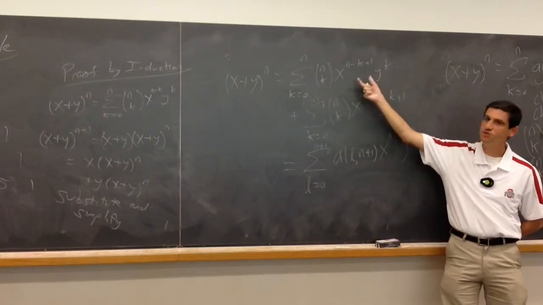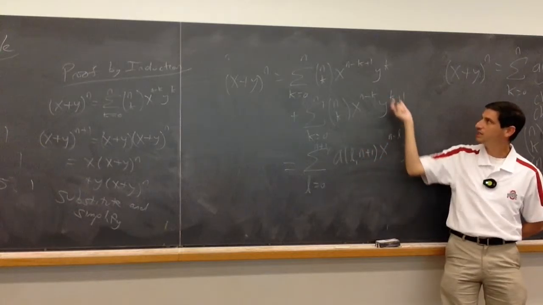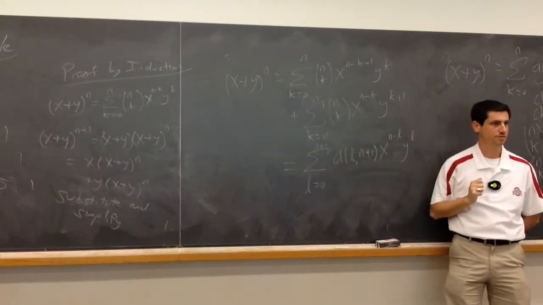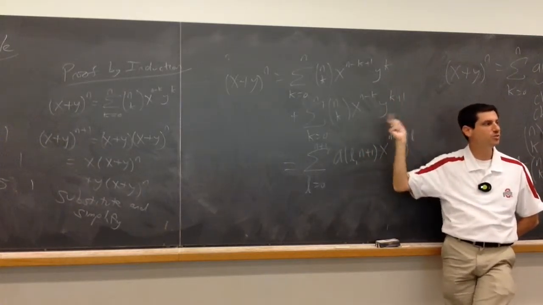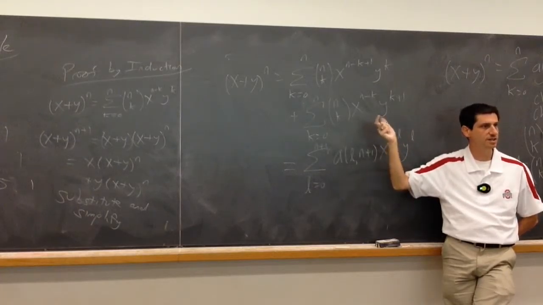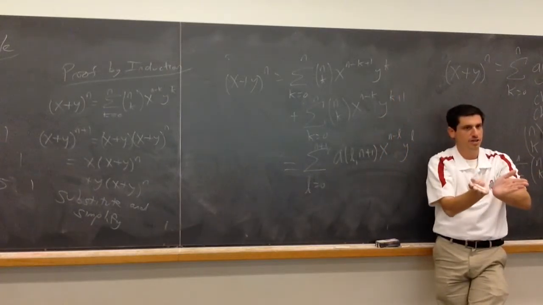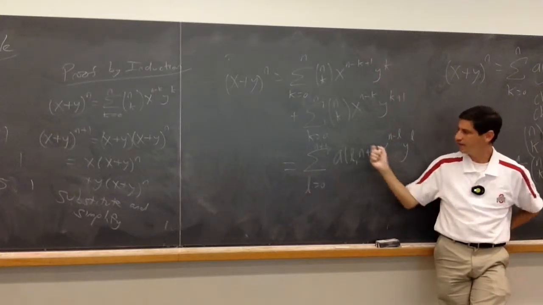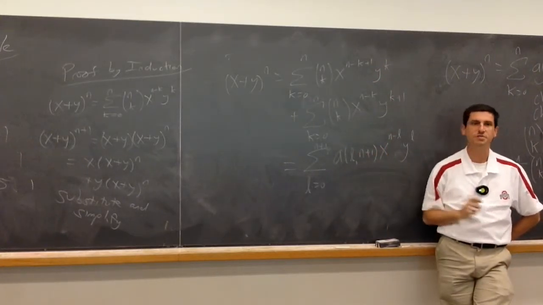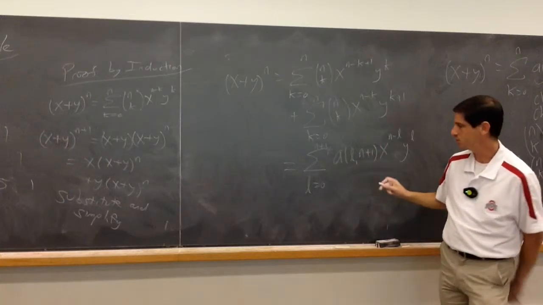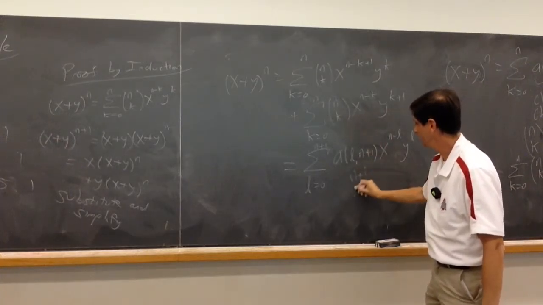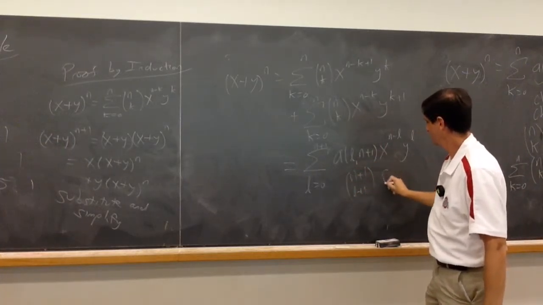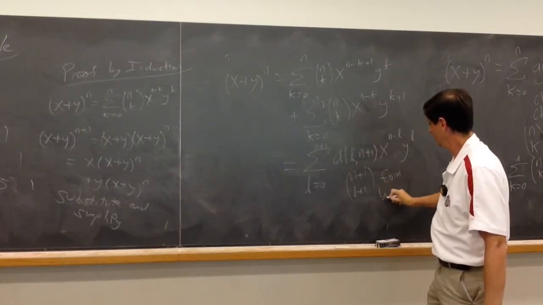And now all you have to do is the algebra and collect terms. In the relationship we had before, each element is the sum of the one to the right and to the left above it. That's what's going to prove that this is the binomial coefficient n plus 1 choose l, from the binomial relation.